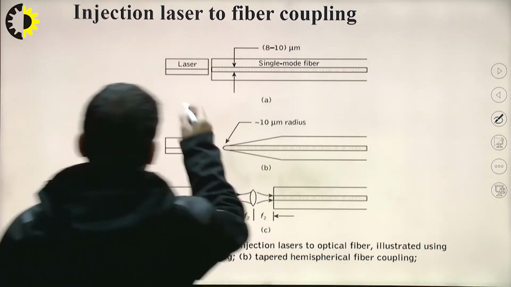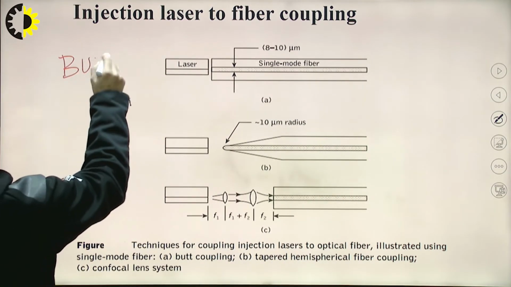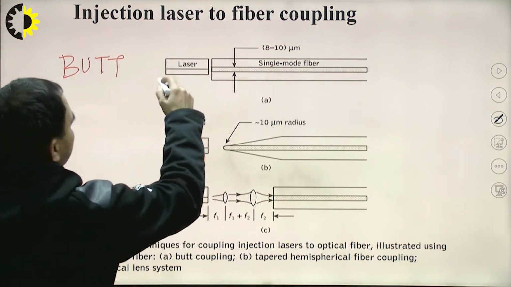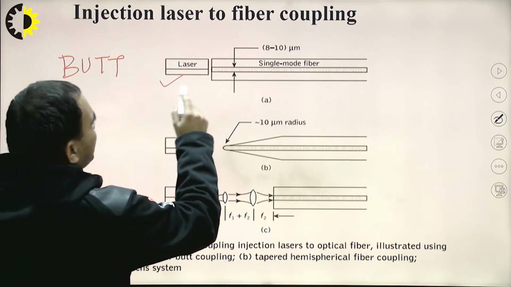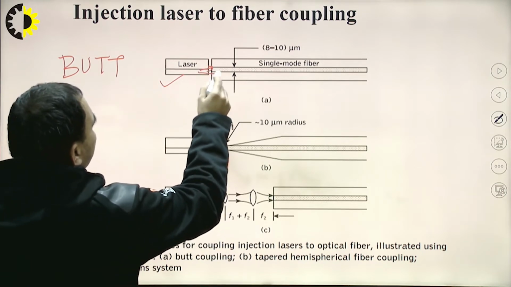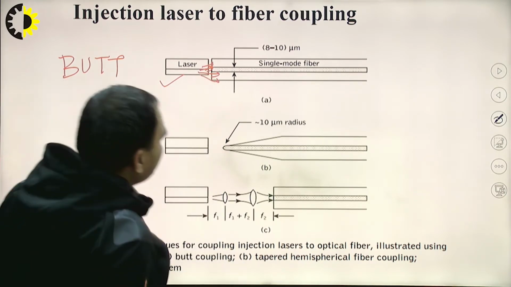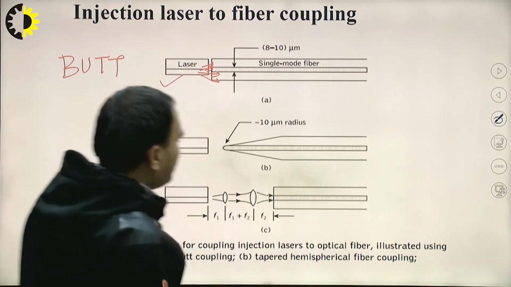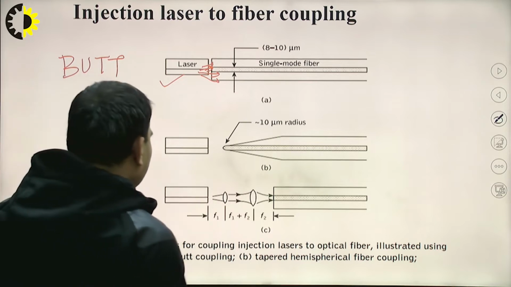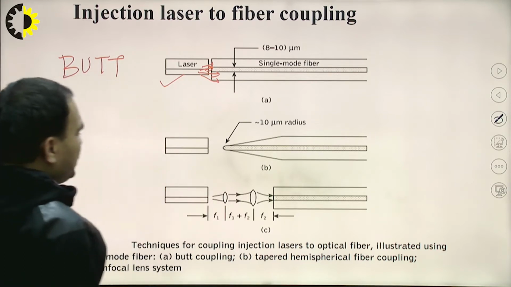The first technique is the butt technique or butt coupling, where the laser acts as a source and emits the light, and we directly place this laser near the fiber. Whatever light enters the fiber propagates inside the fiber. The next one is the tapered hemispherical fiber coupling.